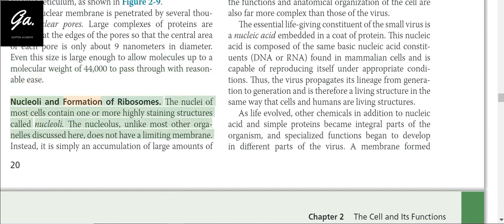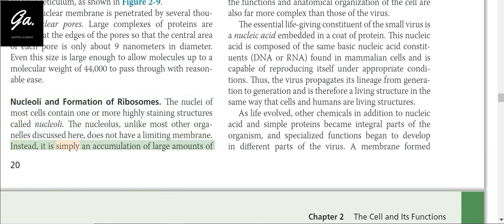Nucleoli and formation of ribosomes. The nuclei of most cells contain one or more highly staining structures called nucleoli. The nucleolus, unlike most other organelles discussed here, does not have a limiting membrane.